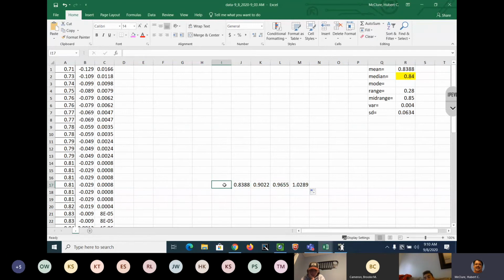And then I'm going to subtract the standard deviation from the mean, and go 2 places to the left. And there is your normal curve.